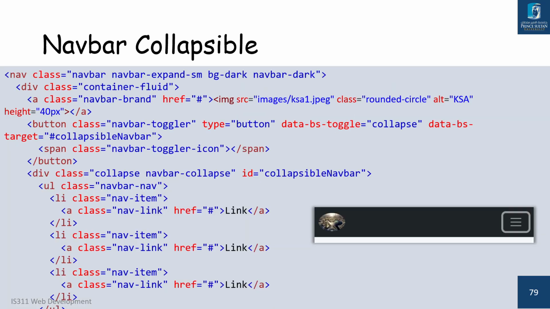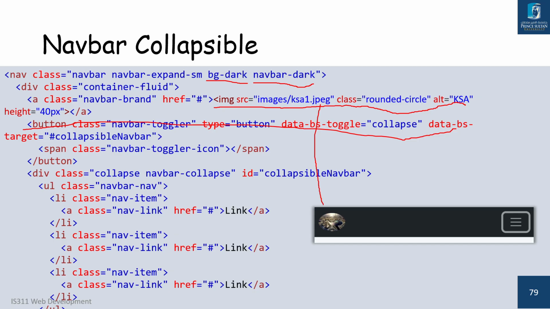Again, navigation bar collapsible. Normally what happened here, if I try to identify these things again, look at here. I used the image as the brand. So this image is actually being represented at this place. Then I am saying the navigation is dark, the background is dark, and then we also have this expand, cover the full screen. And then if you look at this part here, we are saying the button class navbar-toggler, and then type equal to button, data-bs-toggle.